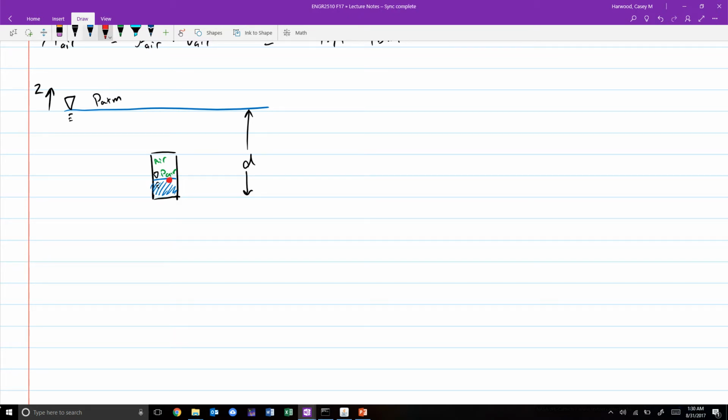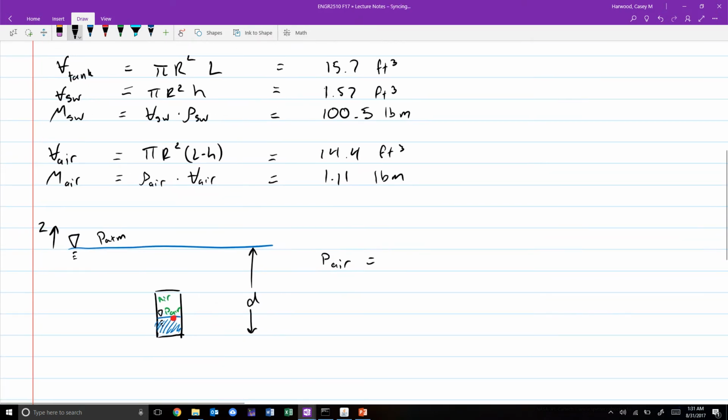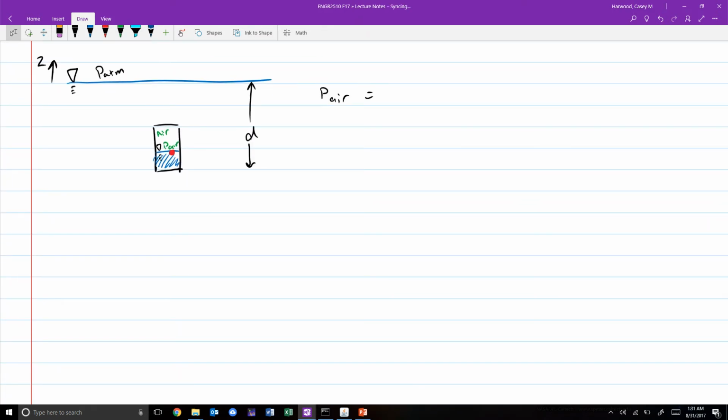the pressure of the air at that point, equal to, using the equations of hydrostatic pressure variation. Here, let me write this. Remember, we have that P at some depth beneath the free surface is going to be equal to what? P atmospheric minus rho g z.